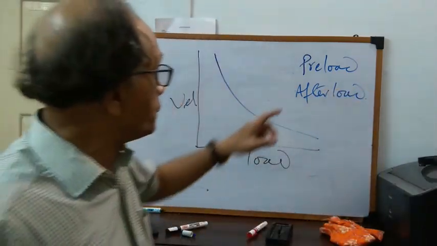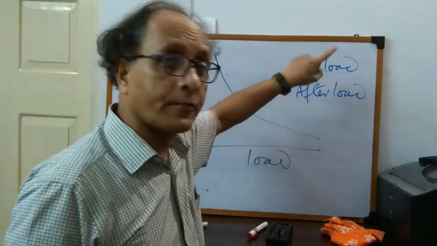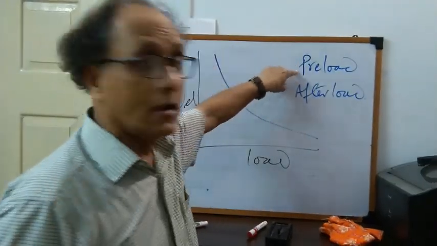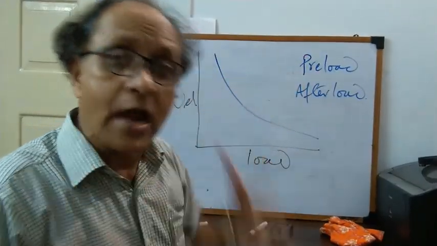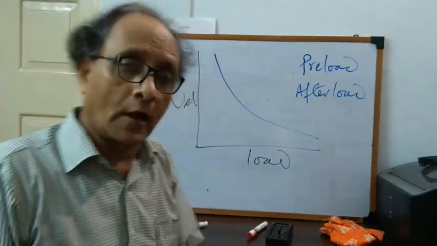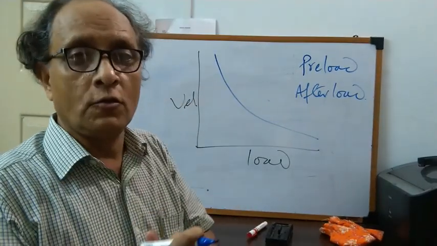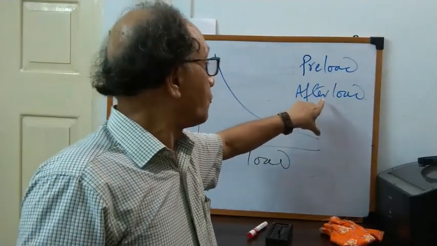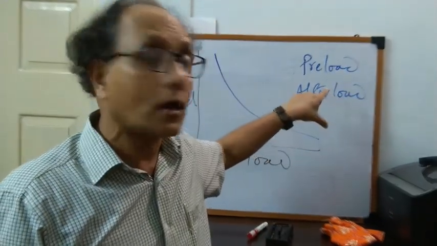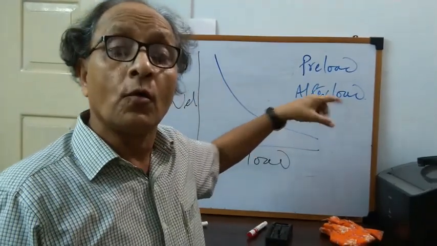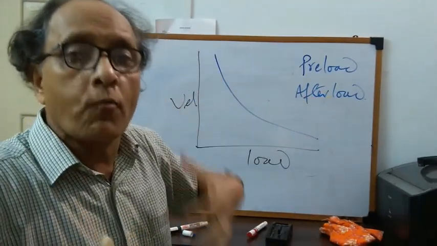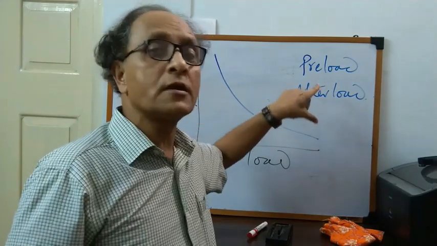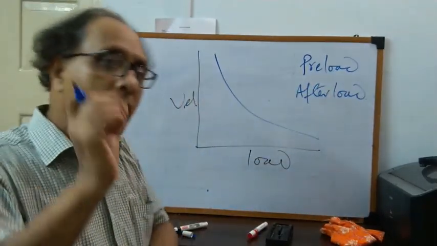Now your assignment would be: what is preload? I have described preload adequately, and what represents preload in the whole body, that is the end-diastolic ventricular volume. Your job will be to understand afterload and tell me what is afterload, what is the significance of afterload, and which parameter in our heart is representing afterload.